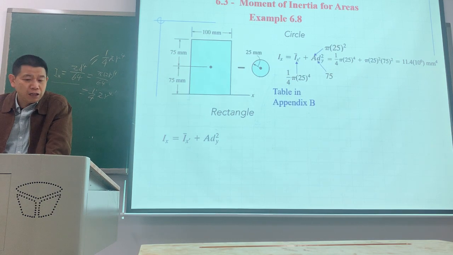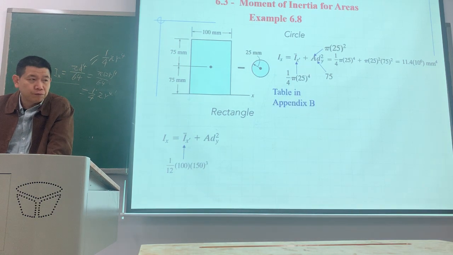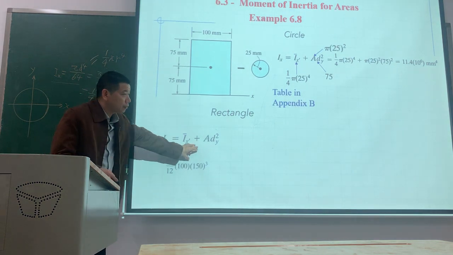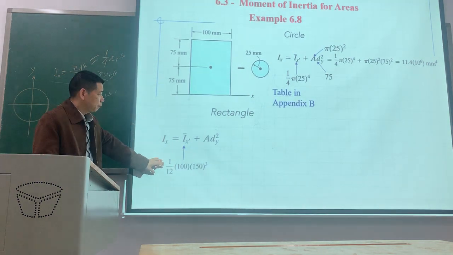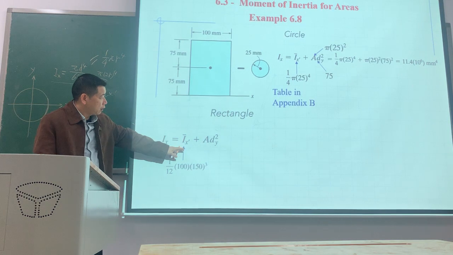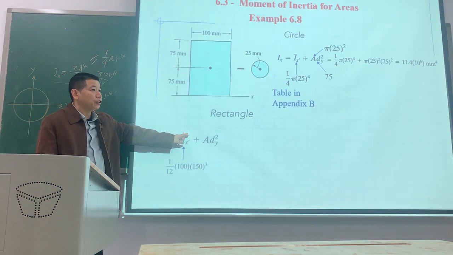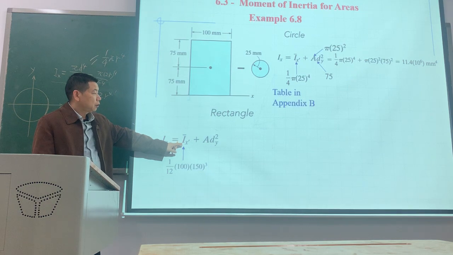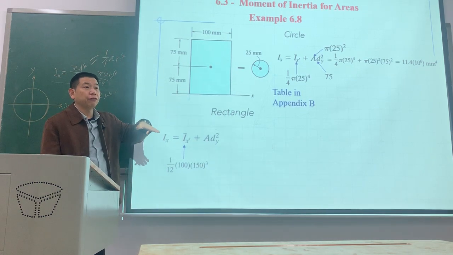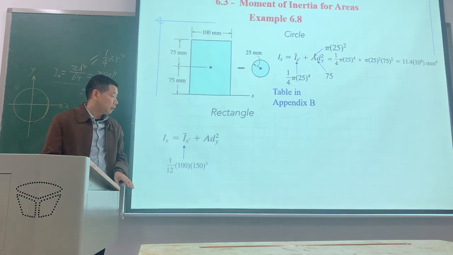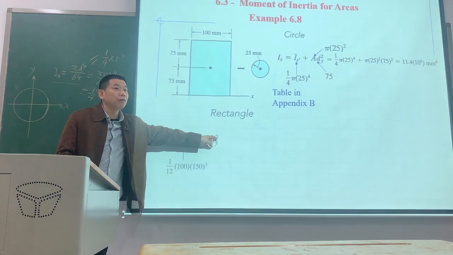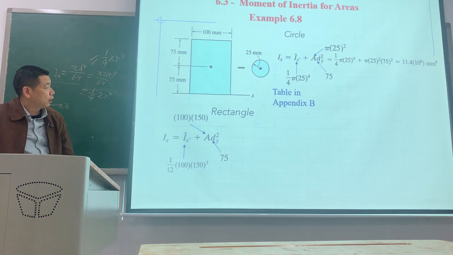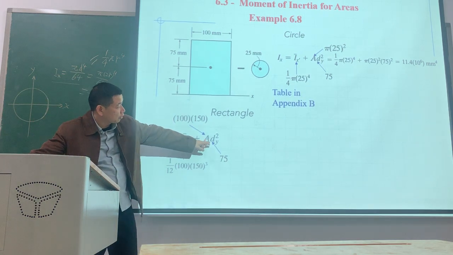But in the same way, for the rectangle, by the same formula, at first is the moment of inertia about the x prime. X prime passes through the center of the rectangle, plus A dy square, where dy is the distance.